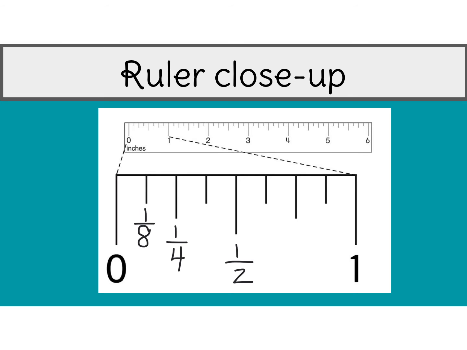So in reality, when we go to count and figure out what these marks mean and what the measurement's going to be, we could count by eighths. So this would be 1/8, 2/8, 3/8, 4/8, 5/8, 6/8, 7/8, and then of course 8/8 is equivalent to the whole number 1.